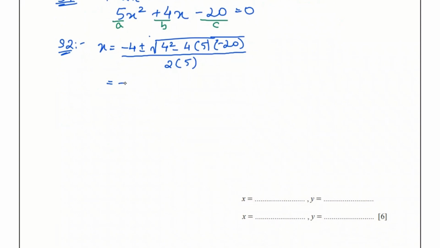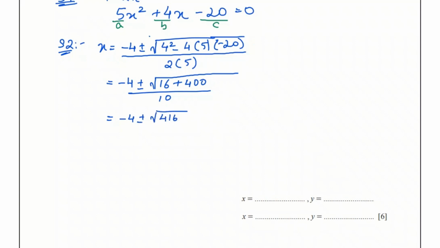So this gives minus 4 plus or minus under root 16 plus 400 upon 10, which is equals to minus 4 plus or minus under root 416 upon 10, which gives minus 4 plus or minus under root 20.396 upon 10.